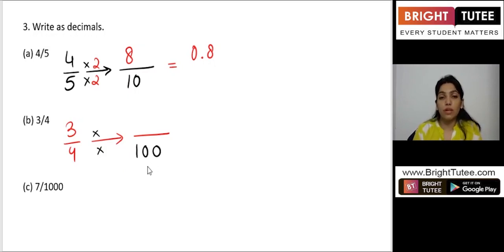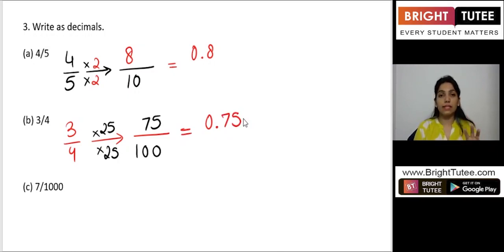So 4 times what number gives 100? It gives 25. So we do the same with the numerator. So let us do 25 times by 3. So it comes out to be 75. Okay. Now 75 over 100, if we convert this in decimal, it is 0.75. I hope this is clear.